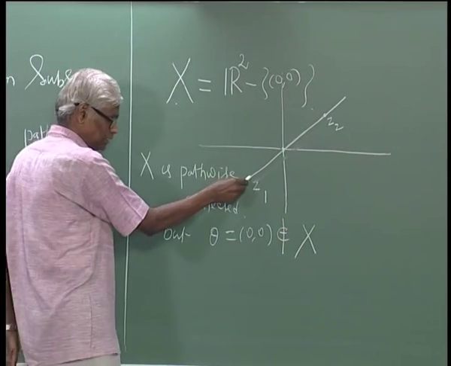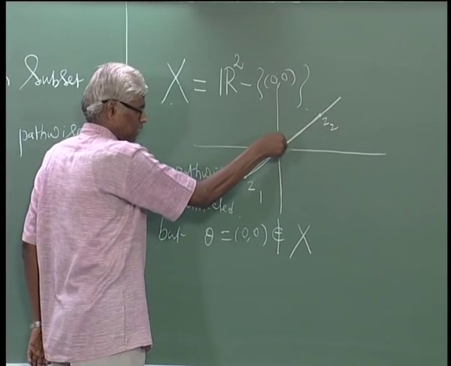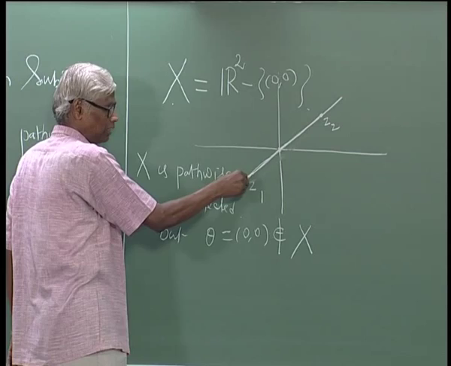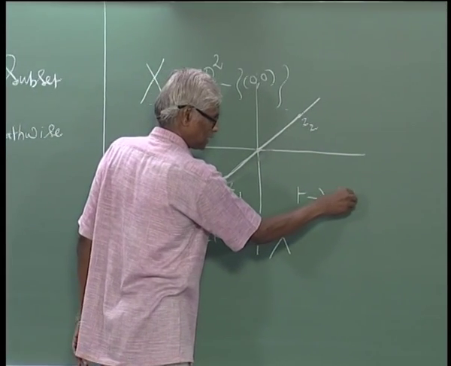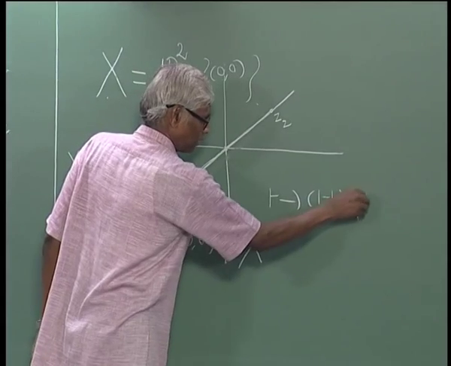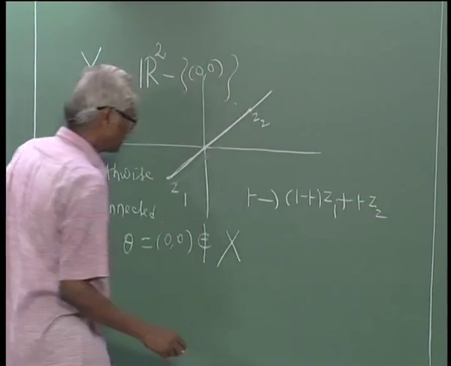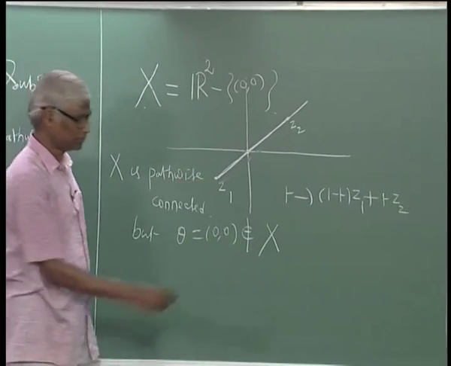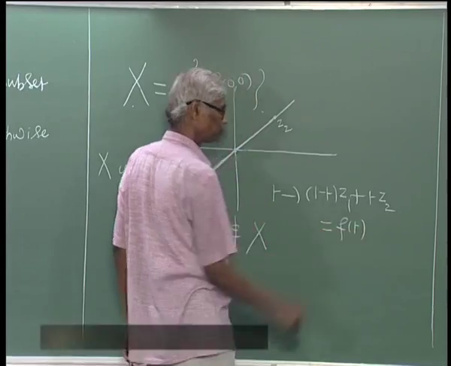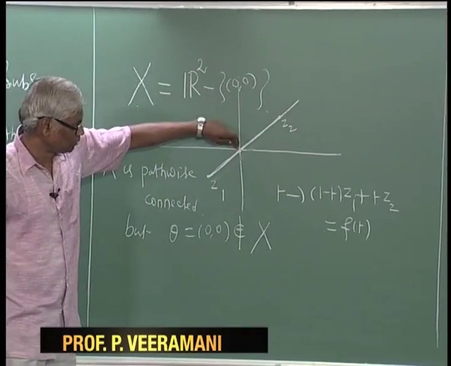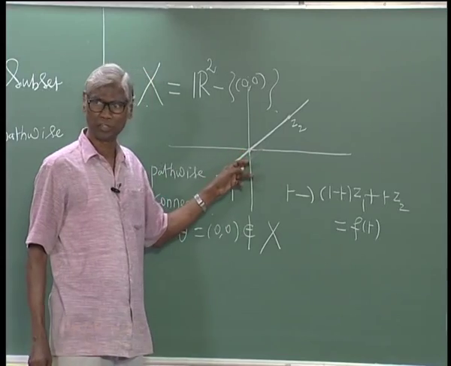That means this path, the line segment, we can give a path t goes to 1 minus t times Z1 plus t times Z2, but this will not be a function, that is we cannot take this as f of t, because for some t you will get f of t is 0.